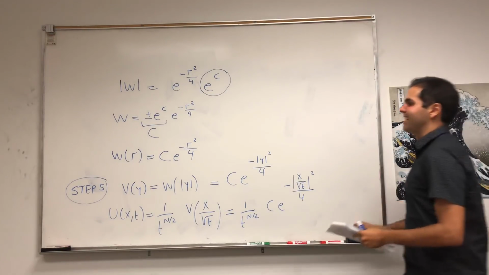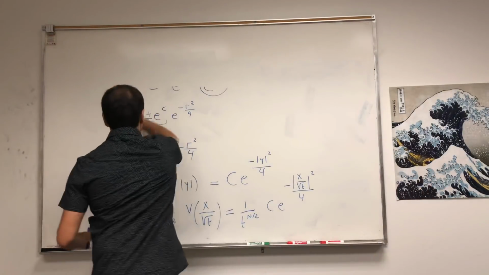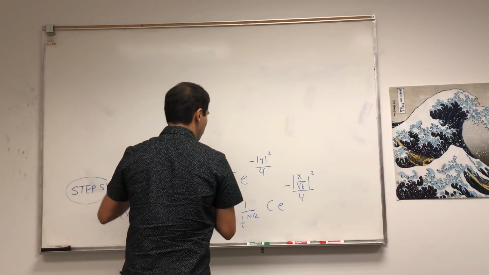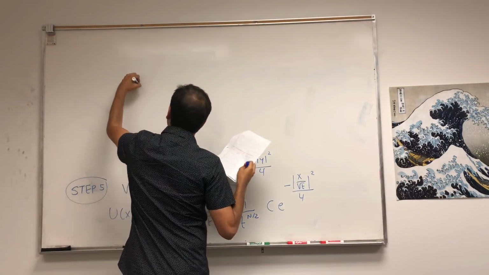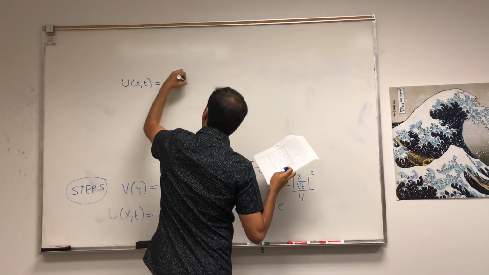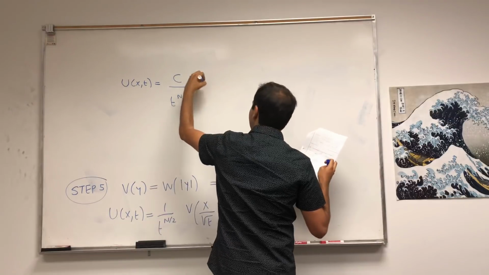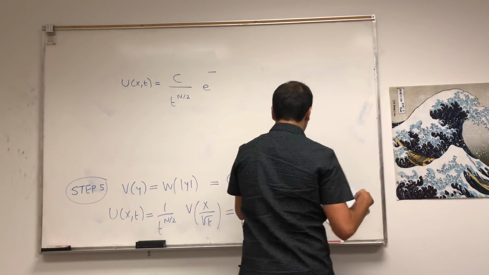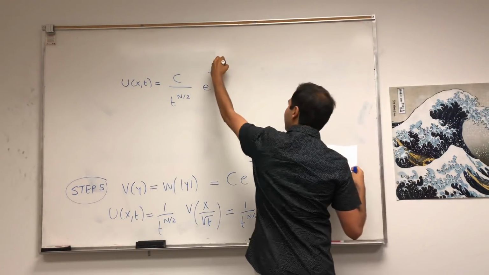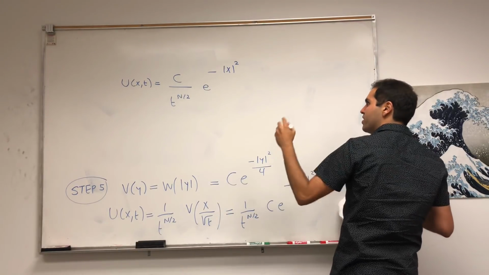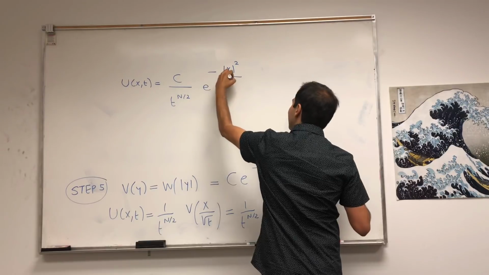And last but not least, we have our solution. U of x,t is constant over t to the n over 2, e to the minus, so this becomes x squared. Square root of t squared is t, so in the end we get 4t.